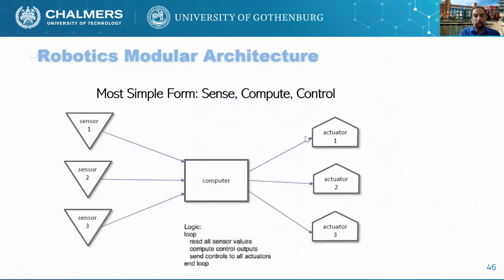In the simplest way, we talked about the three component model. This is sense, compute, and control. This is the beginning of robots. When they started building them, they envisioned that there would be sensing for the environment, a planning brain, and then action. But this was a sequential, simplistic model. There are no feedback loops or much intelligence there. As you see here, it's just sense, think, act, sense, think, act, stuff like that.